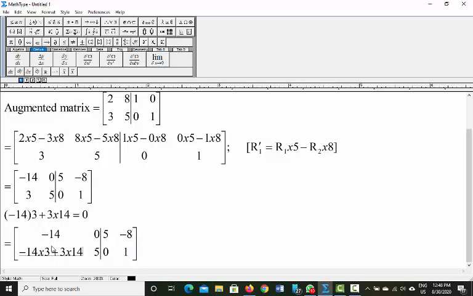This way we are converting this one to 0. Our target is to convert this one to 0, and we have formulated the method. The formula is minus 14 multiplied by 3 plus 3 multiplied by 14. So let us write the formula in the side note.